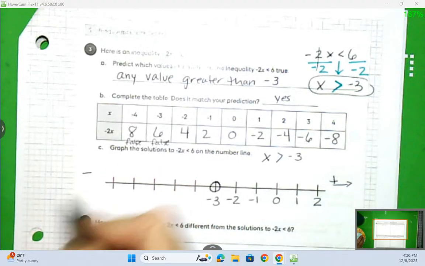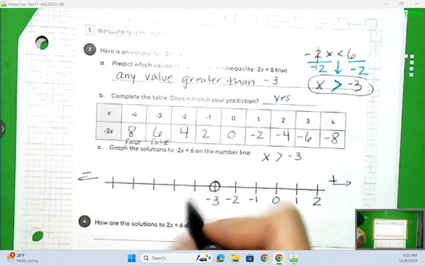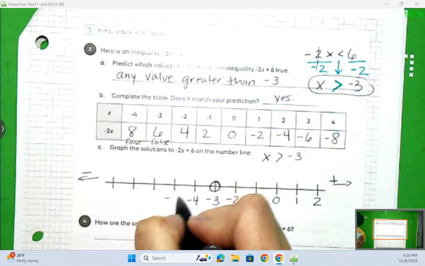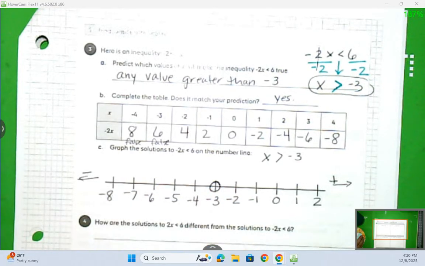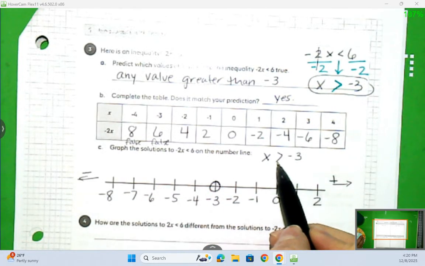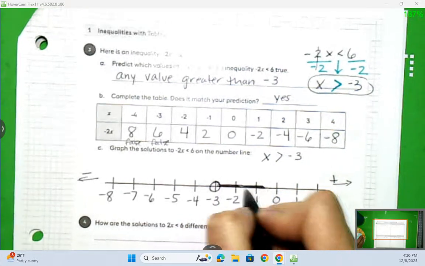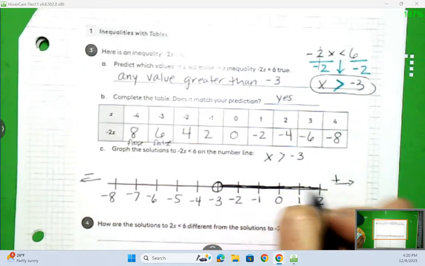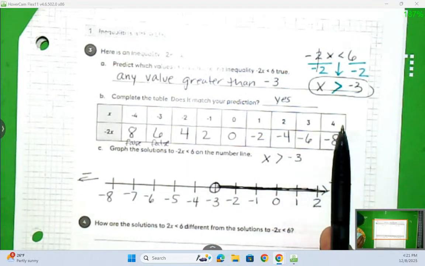In the negative direction, we're going to get less. So -3 minus 1 is -4, -5, -6, -7, -8. And we have x is greater than -3, which means we're going to shade to the right. So x can be any value greater than -3, which is all of these.